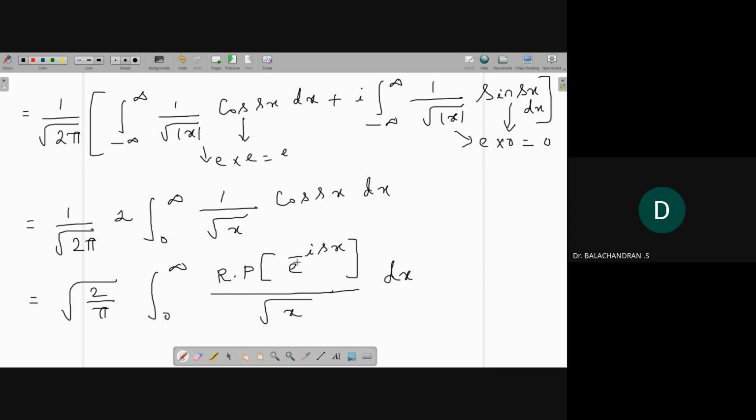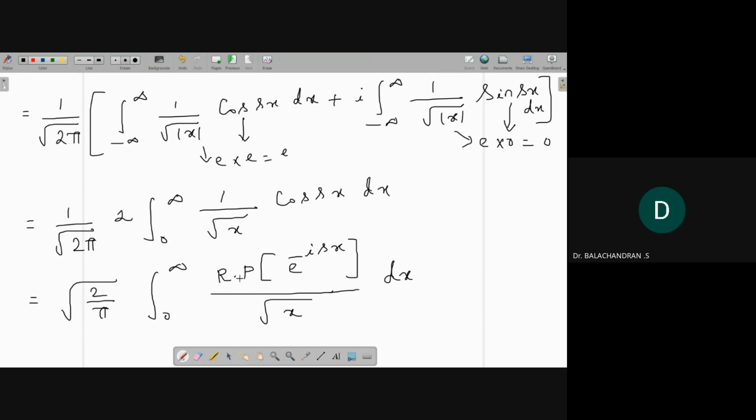What is e power minus isx? Cos sx minus i sin sx. Real part means cos sx. You may ask, sir, why do we need to put minus here? If I put plus also, you'll get the same thing. Yes, but if I put minus, then I can use the gamma function. So I'll put minus here instead of plus.